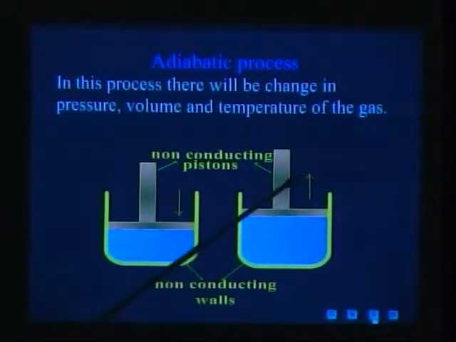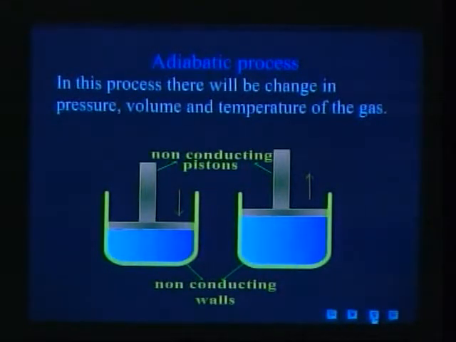And when the piston is moved outward, volume increases, pressure decreases and temperature decreases. Whatever changes take place remain as they are because the walls of the container and the piston are non-conducting in nature. So, here Boyle's law does not hold good.